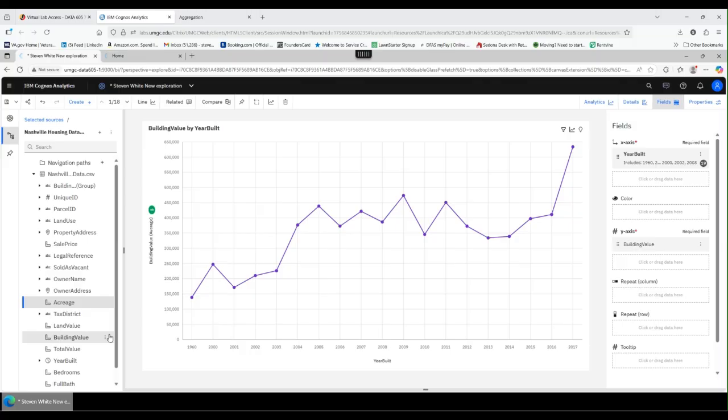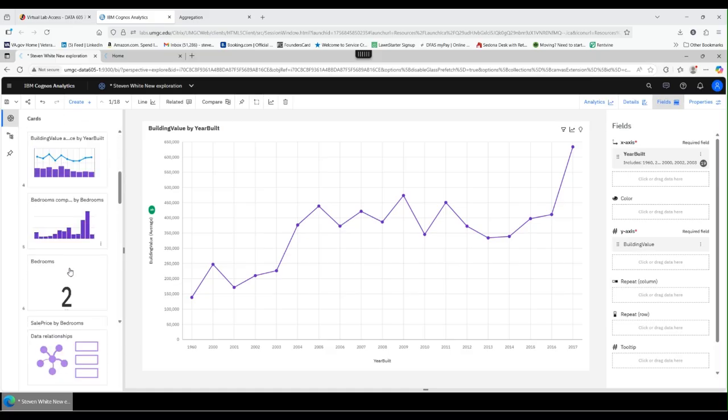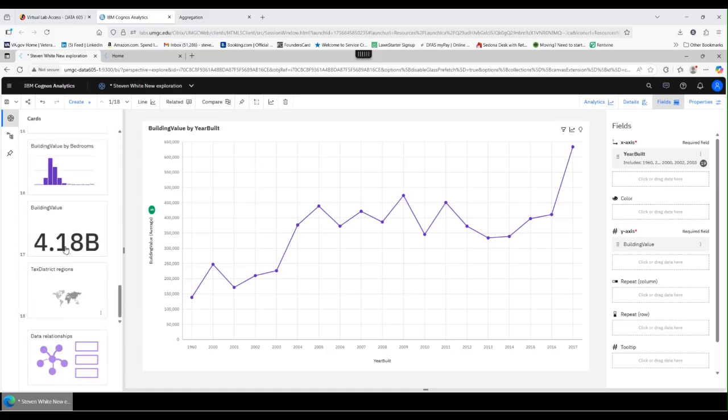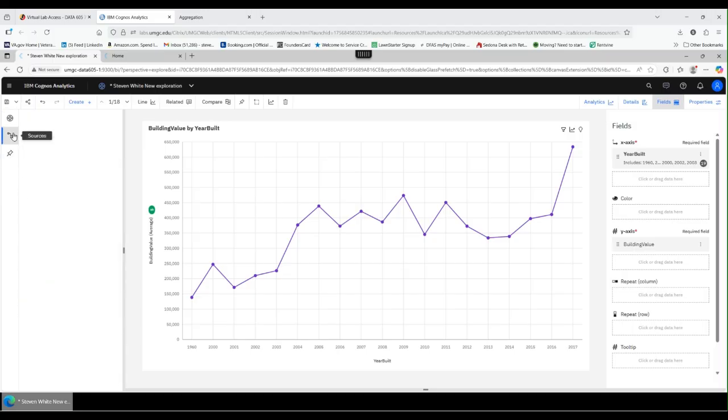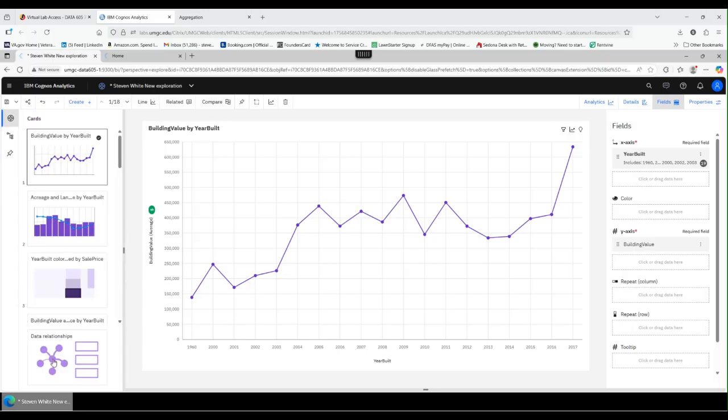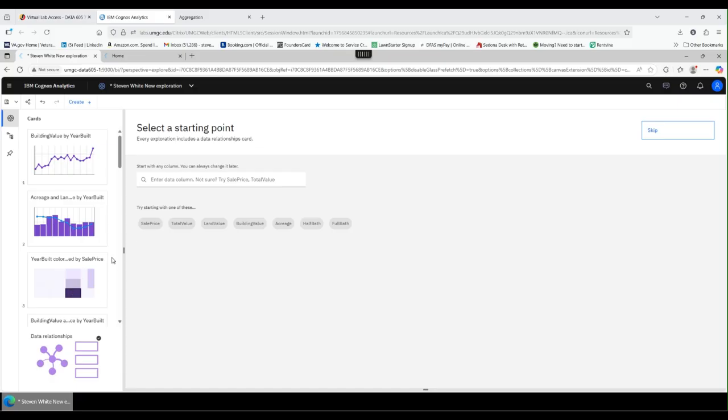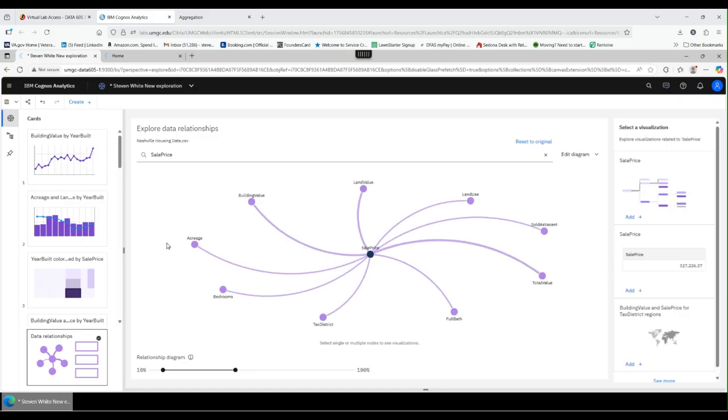It ties together different features such as bedrooms and bathrooms, year built, and land use. We can see some of these correlations looking at the data relationship for the sale price and how the sales price connects to the other fields.